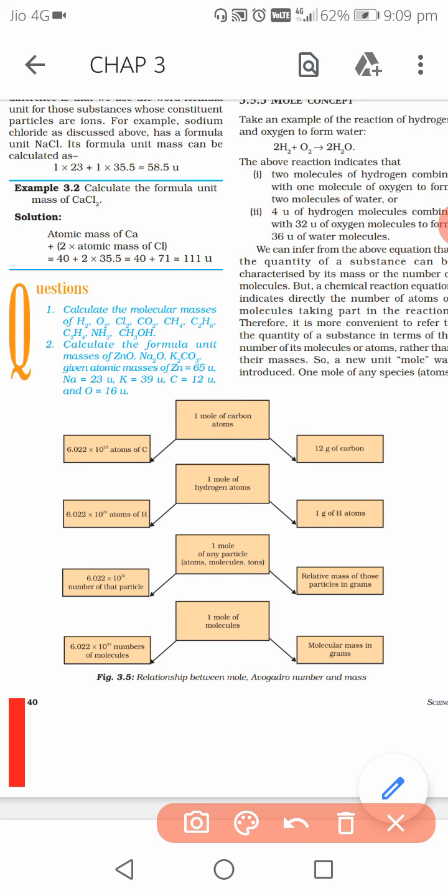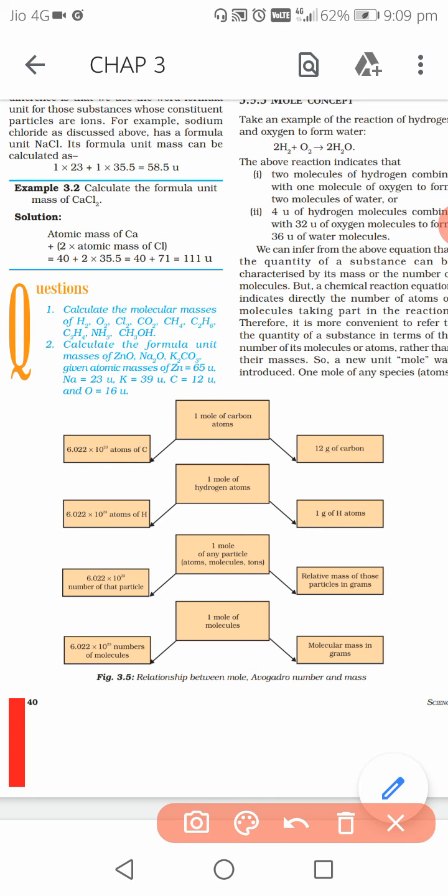Only we use the term formula unit mass for those compounds which are ionic in nature, ionic compounds. Ionic compound means, suppose zinc oxide, if you break it, we are going to get two ions, one is zinc, one is oxide, right? So that is why these are ionic compounds, and for ionic compounds the mass that we calculate is called formula unit mass. The process is the same.